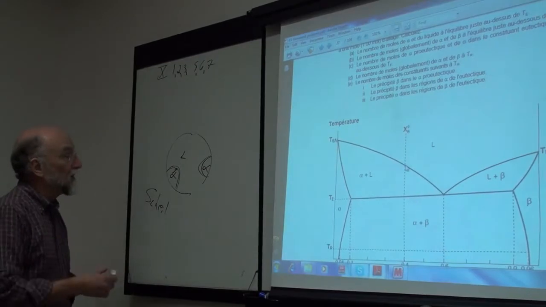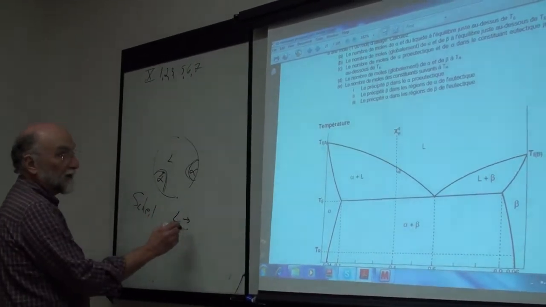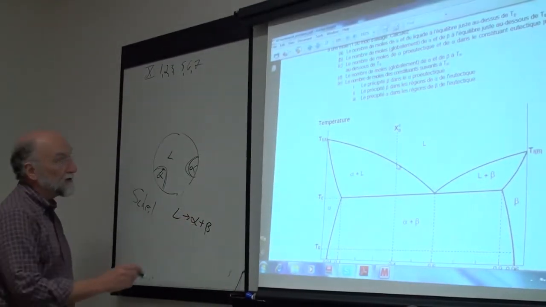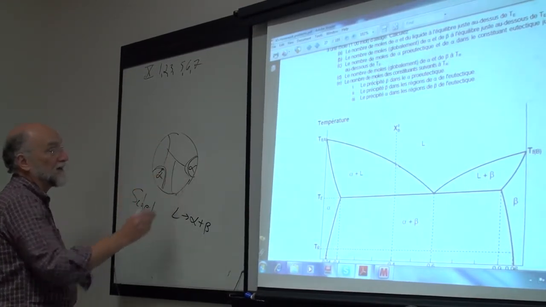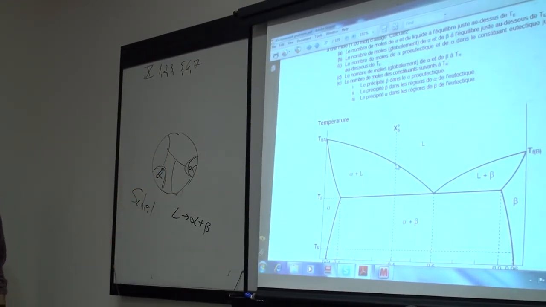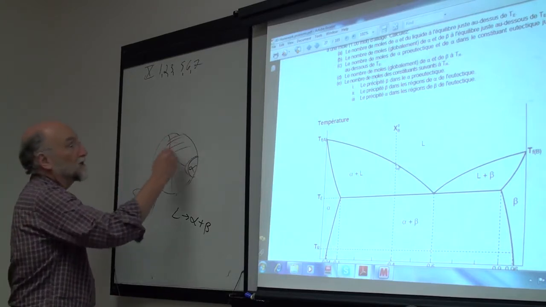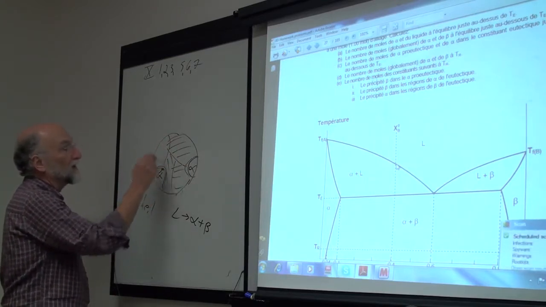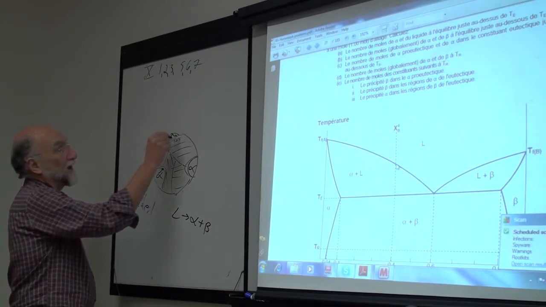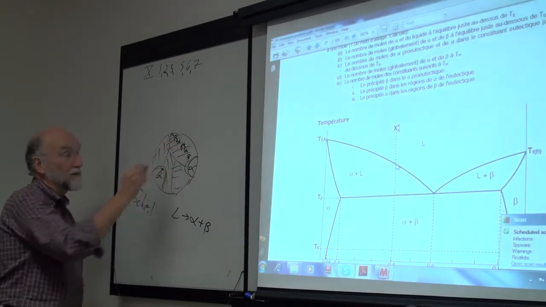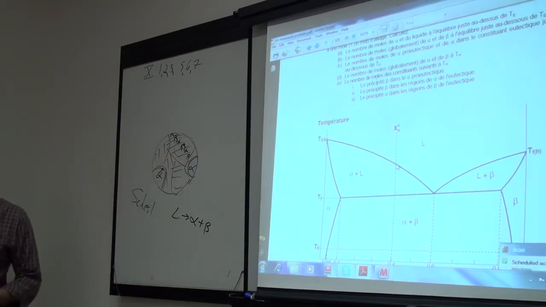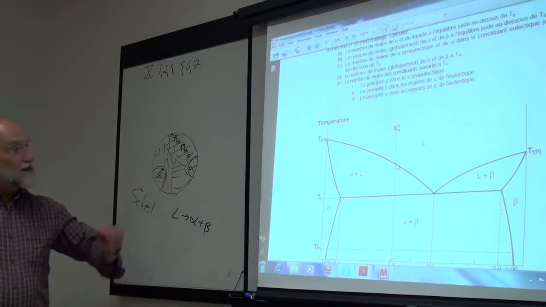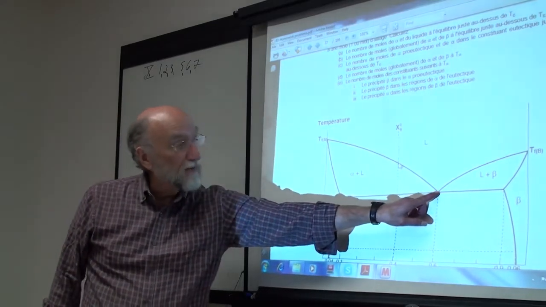Then the eutectic reaction occurs, in which liquid gives you the alpha phase plus the beta phase, and the liquid completely precipitates to form a mixed eutectic mixture, which is lamellae of successive layers of alpha, beta, alpha, beta, alpha, beta. This is called a eutectic grain, but the eutectic grain isn't a phase, it's a two-phase mixture.